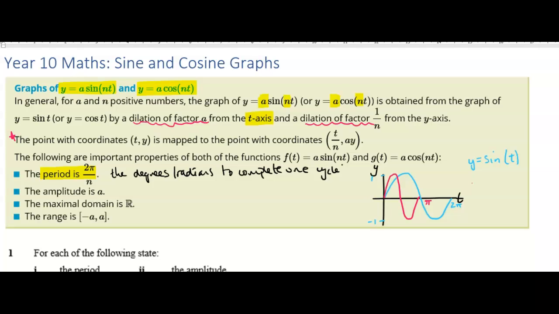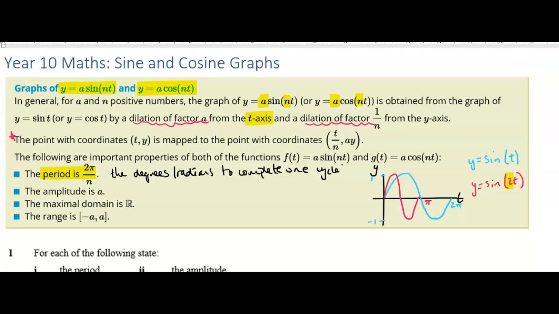That graph there is going to be y equals sine of 2t. The coefficient of t in this case is 2, so when we substitute it into our period formula, 2 pi on n, 2 pi on 2 is just pi. So the period of that pink graph is pi.